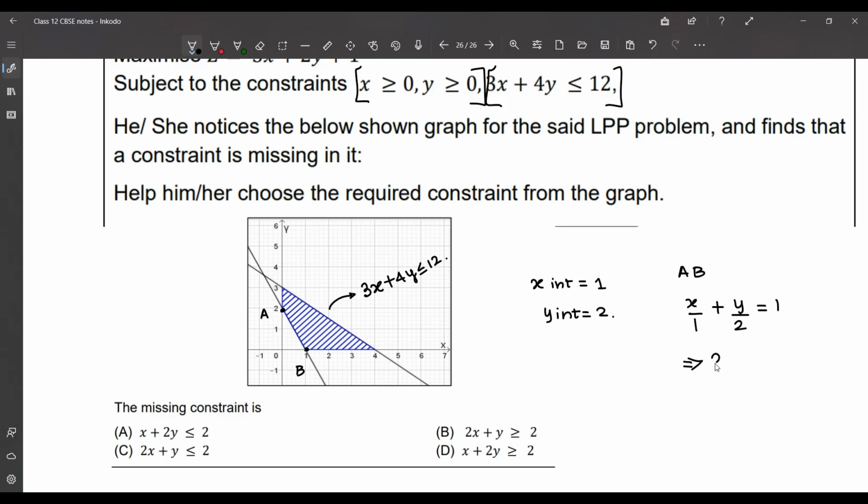So this should be 2x plus y is equal to 2. And because it does not satisfy the origin test, the origin is not included in the region that is being shaded. So I'm going to write the constraint as 2x plus y. The constraint is nothing but the linear inequality. So 2x plus y is greater than equal to 2. The correct option would be option B. Okay, we'll move to the next question.